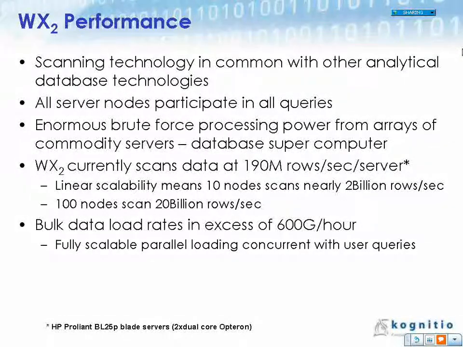So as Intel and AMD bring out faster processors, as HP and IBM bring out more performant servers, that performance will continue to scale. And as I've already mentioned, bulk data loading. The figure there of 600 gigabytes an hour, that's merely an example. It's something that we have proven to clients without resorting to special techniques or methods. I would fully expect to be able to do a terabyte an hour without any real issues.